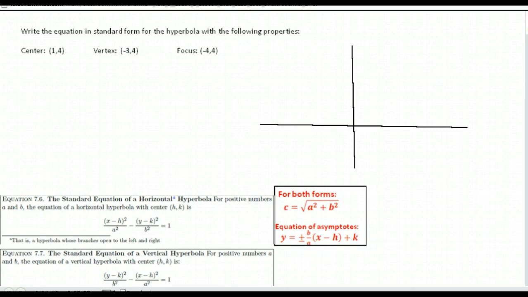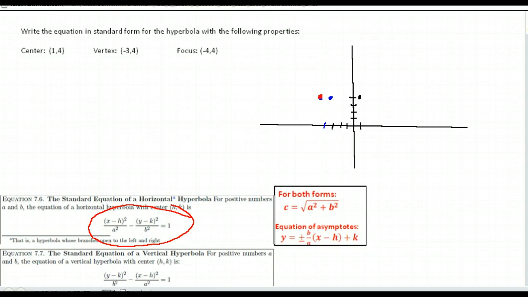Okay, so for this problem, we were given a center of (1, 4), just like our last one. But this time our vertex is at (-3, 4). And our focus is at (-4, 4). Okay, so now you can see they're lined up horizontally, which tells me I have a horizontal hyperbola. So our standard form of the equation will look like that.